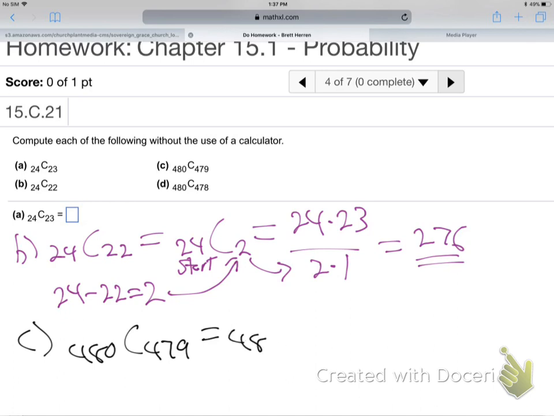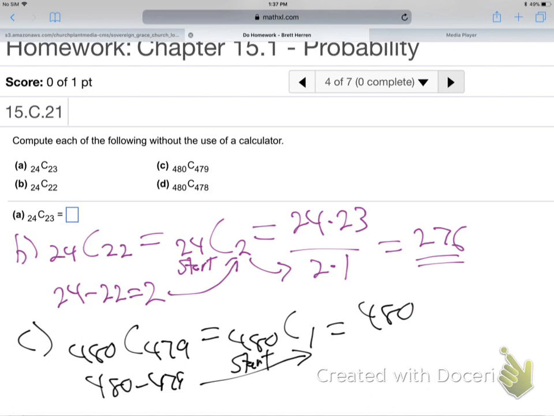So we get 480 C 1, right? When we subtract those, we get 1. That good? Replace the second number with the 1, and then what do you do? Start at 480. This is always our starting number. Only do 1 number, so that was easy, on the top. The bottom, second number down to 1, but that is 1, so it's just 480, isn't it? Is that good?